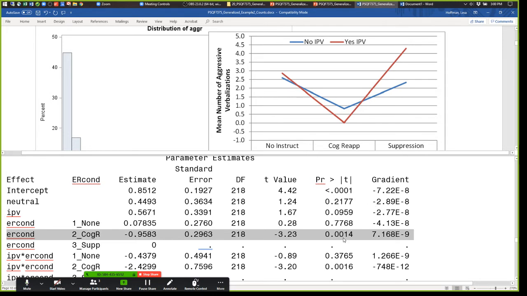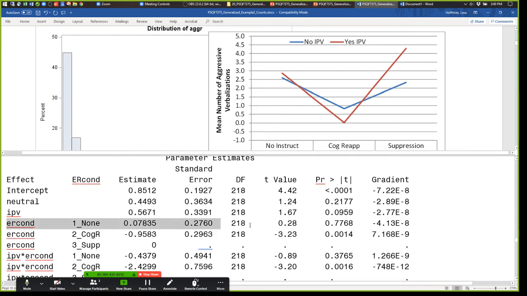Significantly lower? Yeah, here's my p-value. It's the second to last column. Yep. So it looks like people who were told to suppress their feelings said more mean things. Don't keep it down, let it out. Yeah, there's my clinical psychology interlude for the day.